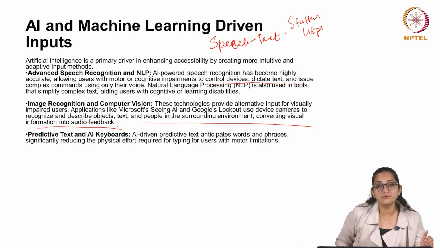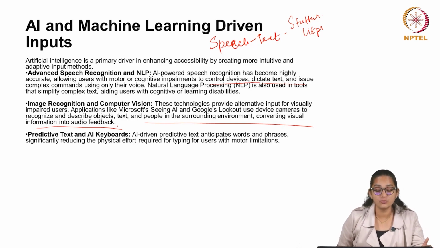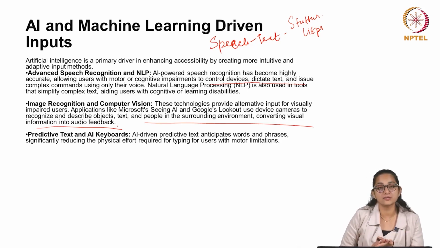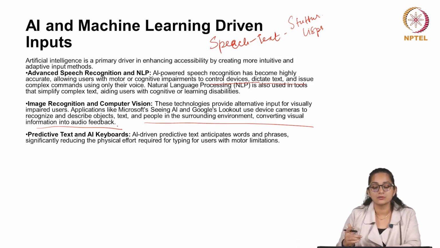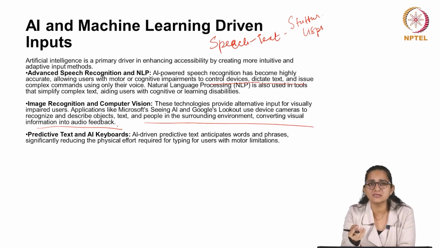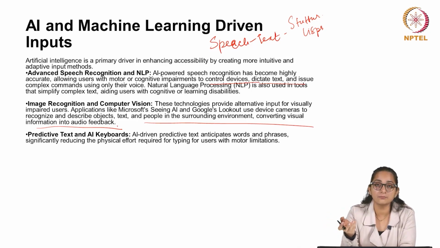Then predictive text and AI keyboards. AI driven predictive text anticipates words and phrases, significantly reducing the physical effort required for typing for users with motor limitations. Predictive text is similar to autocorrect, or when you write in Gmail, based on the email, it is able to predict a response.